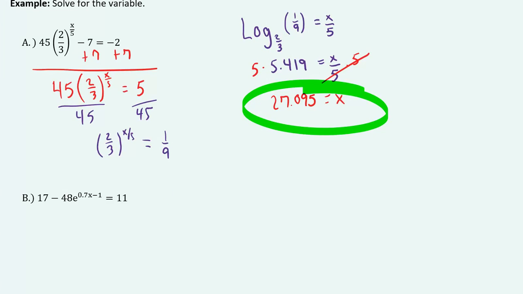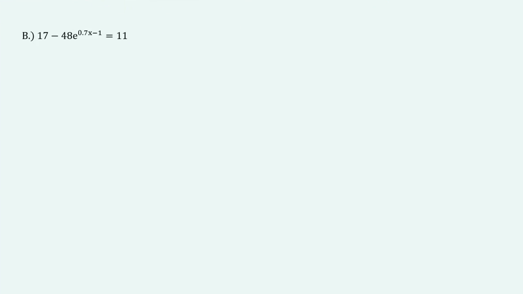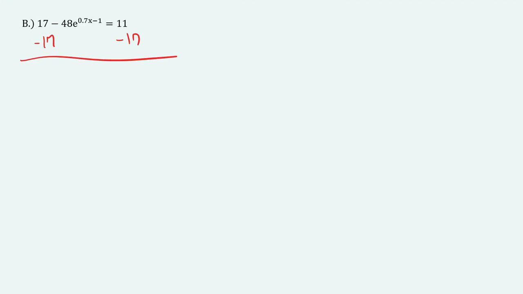In our second example, we have a variable in the exponent, but in this case, we have a base of e. So in this case, we're going to use natural logarithms to solve, but we do need to isolate the variable just like we did in the last one. So the very first thing we need to do is subtract 17 on both sides of the equation. And that means you're left with -48 e to the 0.7x minus 1 equals 11 minus 7 is -6.